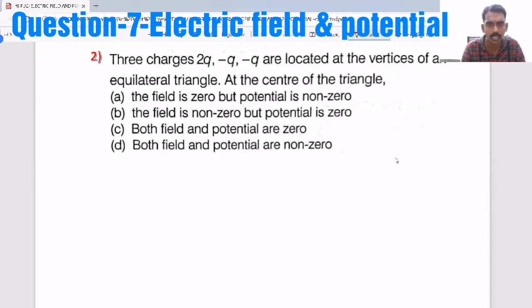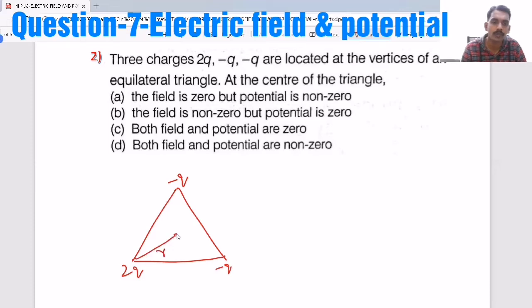Now here three charges are located at the vertices of an equilateral triangle, and those are 2Q, minus Q, minus Q. At the center of the triangle, the distance from each charge, each corner, must be the same.